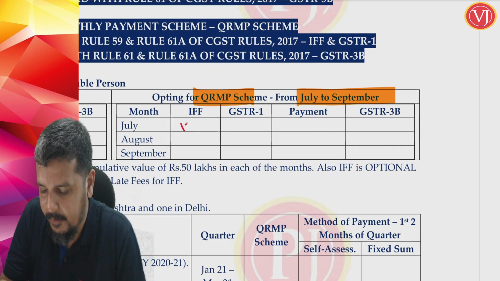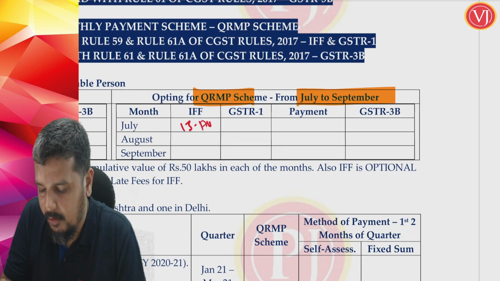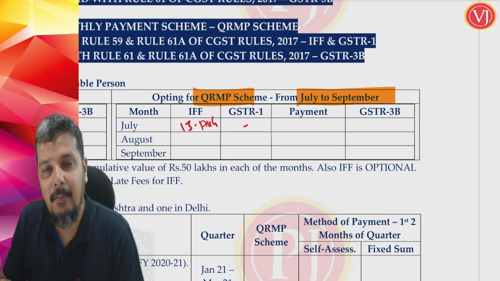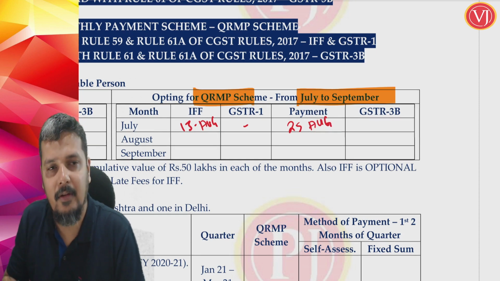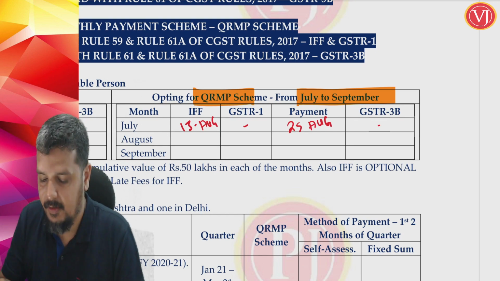When? 13th of August. There will not be any GSTR. Payment, 25th of August. There won't be any GSTR 3B. August month.